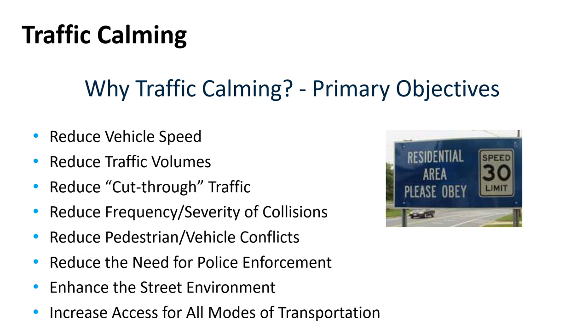All right. So why traffic calming? What are our primary objectives? What do we want to achieve with traffic calming? One is we want to reduce vehicle speed. We want to reduce the volumes, which is connected to reducing the people cutting through our neighborhood to get from one busier road to another busier road.